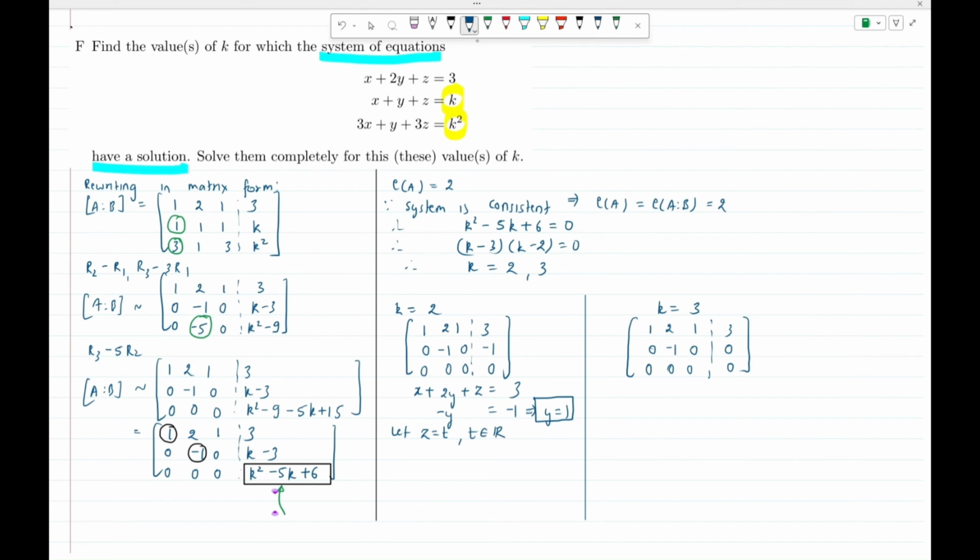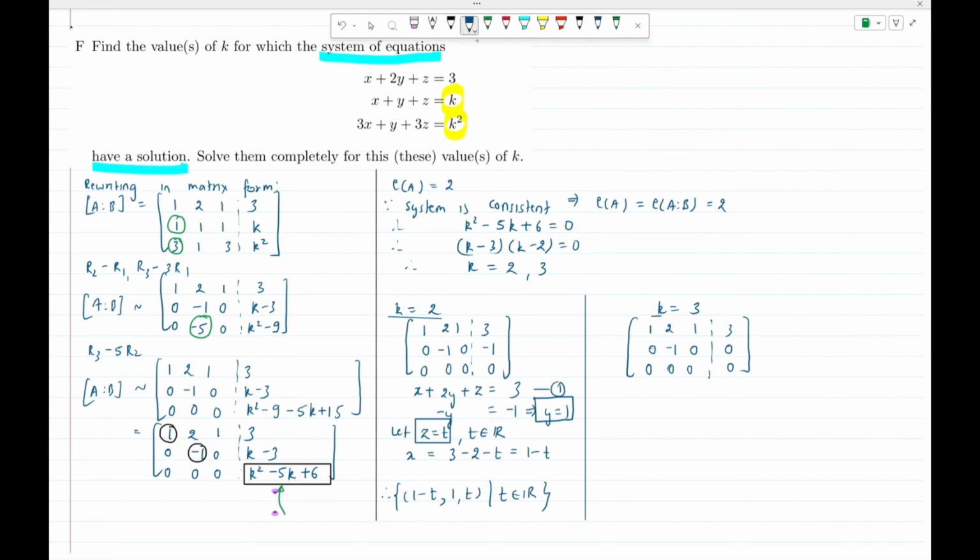Substituting the value of y and z in equation number 1, we are going to get x is equal to 3 minus 2 minus t, which is equal to 1 minus t. So therefore the solution set is (1 minus t, 1, t), where t is a real number. This is the solution when k equals 2.